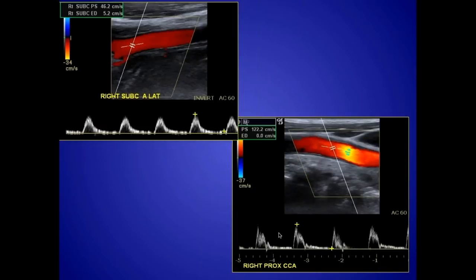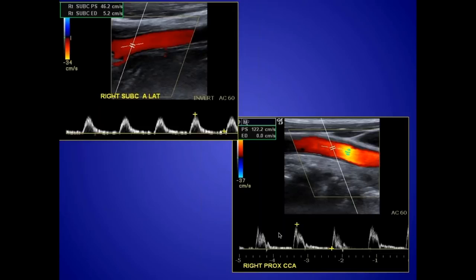Now, we need one other piece of information. What's going on in the common carotid? Now, you may ask, why am I showing you that? Well, it's going to narrow down the area of abnormality.